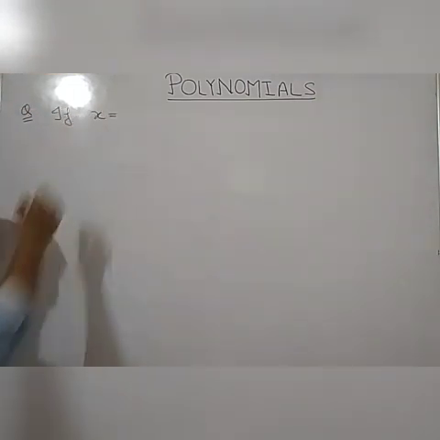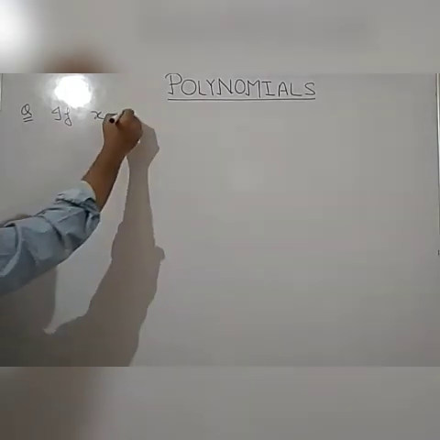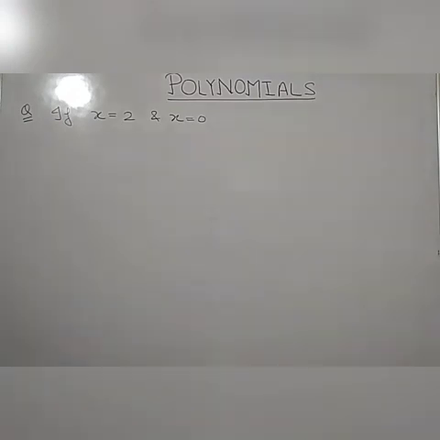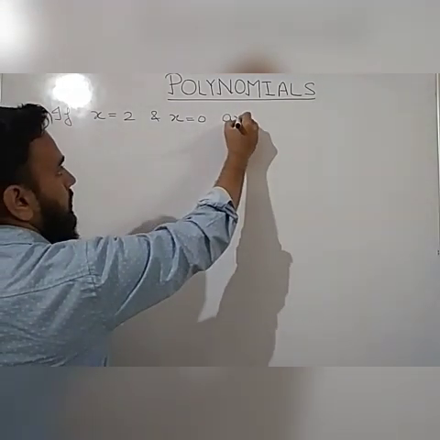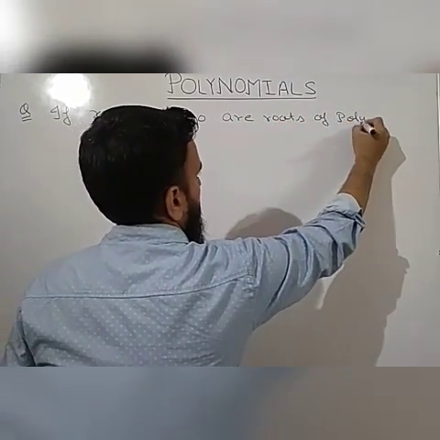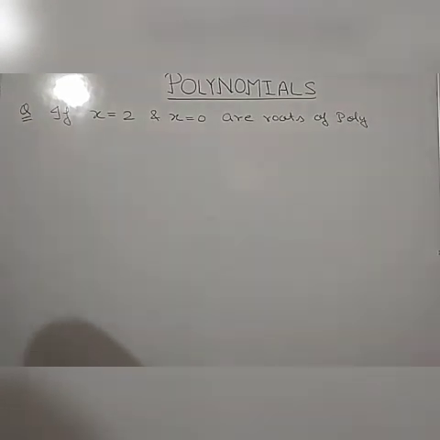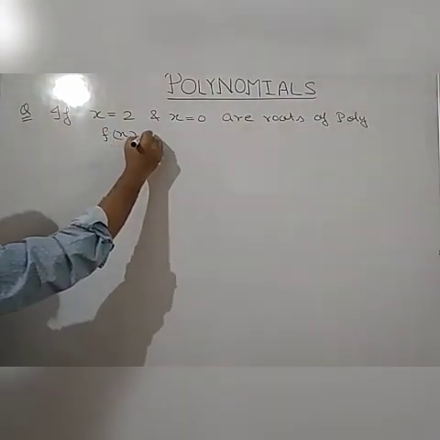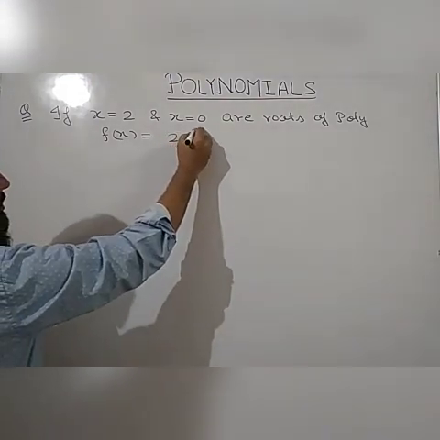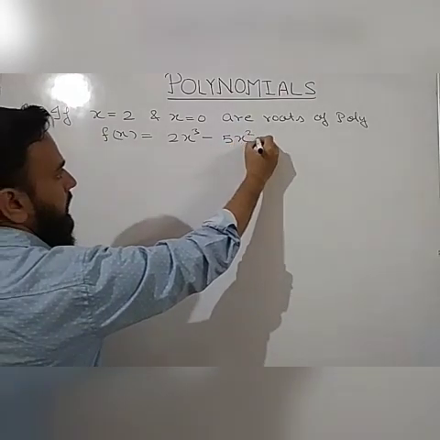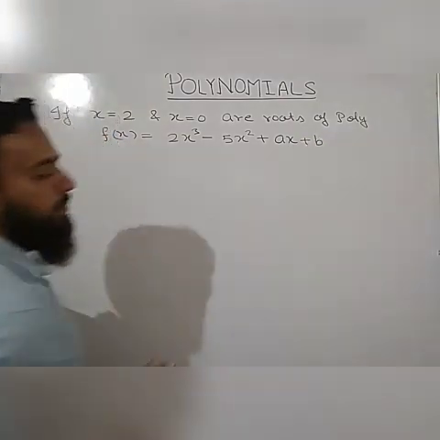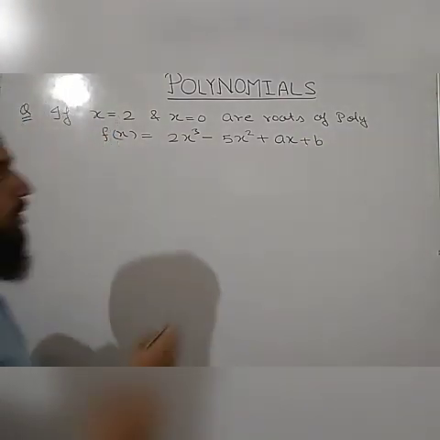If x is equal to 2 and x is equal to 0 are roots of the polynomial f(x) is equal to 2x cube minus 5x square plus ax plus b, then find the value of a and b.